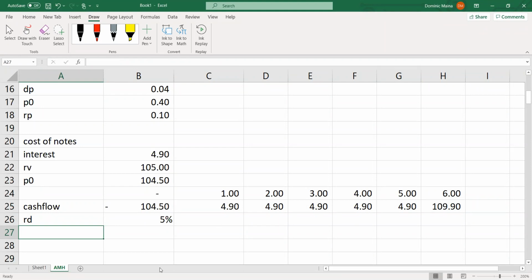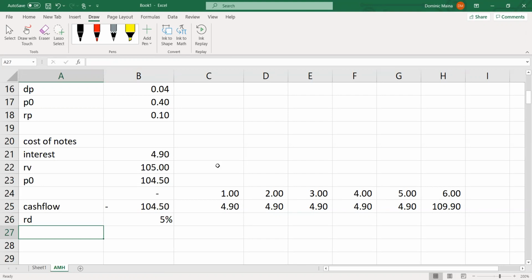Don't forget, year 0 is negative, the P naught, the market value is negative. Year 6, over and above the 4.9, we get the redemption value. With practice, I think it will stick, but you need to do more practice, so that you don't get confused in the main exam.